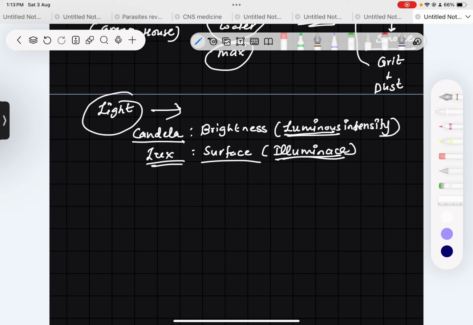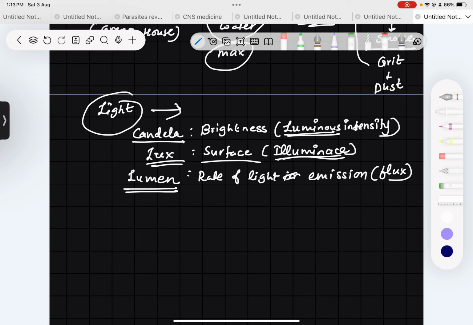Now the third one to remember is the rate of light emission, also known as flux. It is measured in lumen. So these three units: first, remember that we are seeing a light source. The intensity means brightness, how bright it actually is, so it is called luminous intensity, measured in candela.